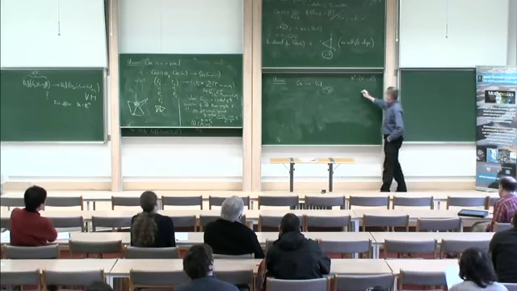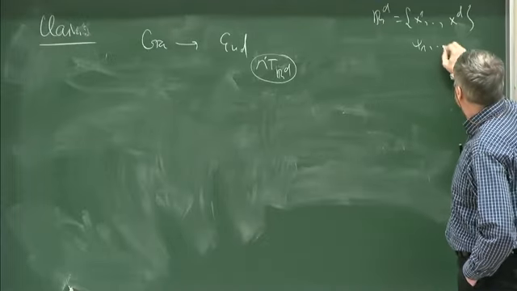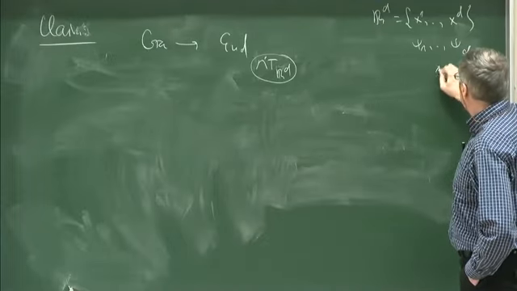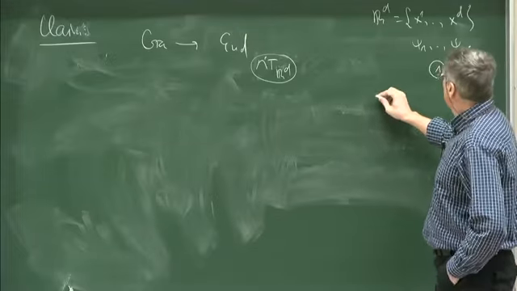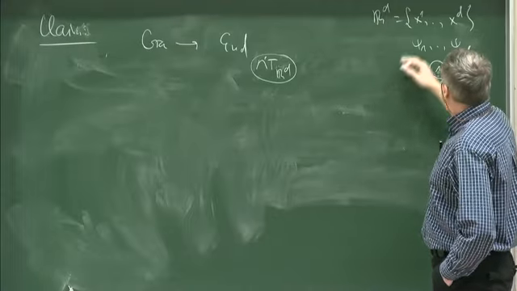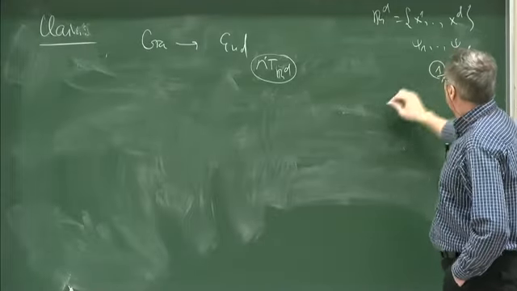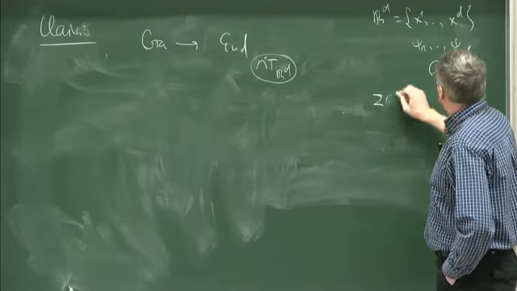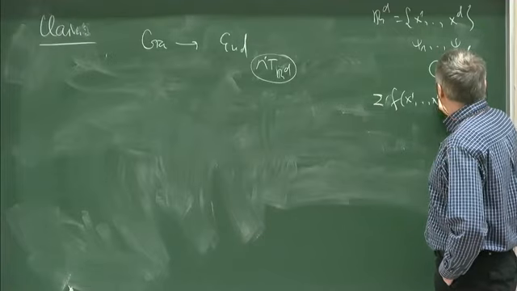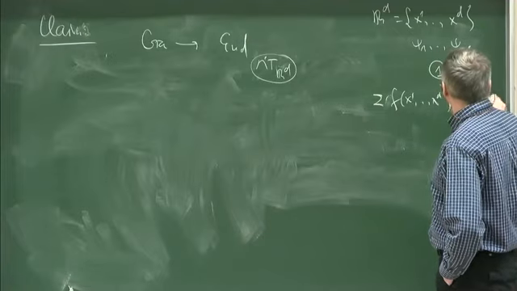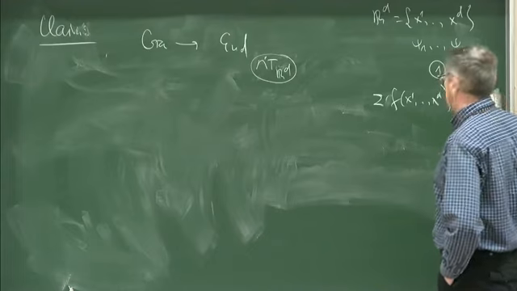So R^d has coordinates x. Let me introduce formal variables of degree 1 and consider an algebra. I can consider smooth functions in x and polynomial functions of these anti-commuting variables.